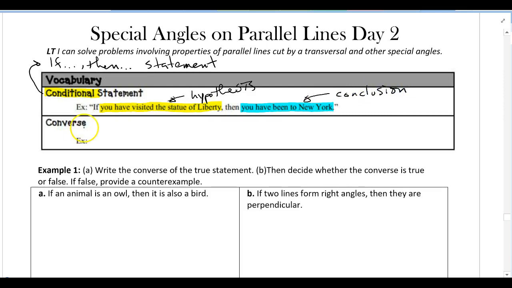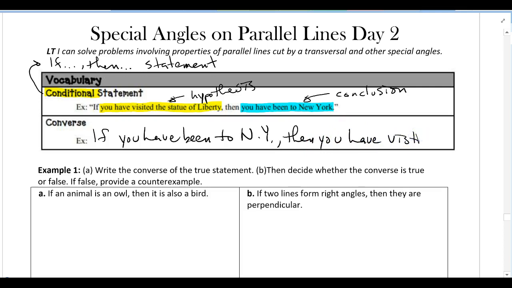So when we talk about the converse, what we want to do is take our original conditional statement and flip the hypothesis and the conclusion. So if I was going to write the converse of this original statement, I would write, if you have been to New York, then you have visited the Statue of Liberty.